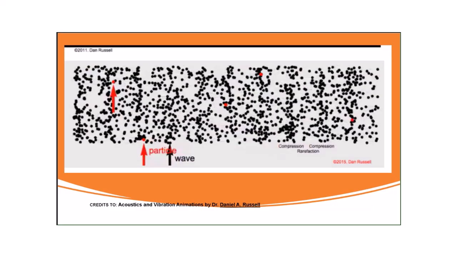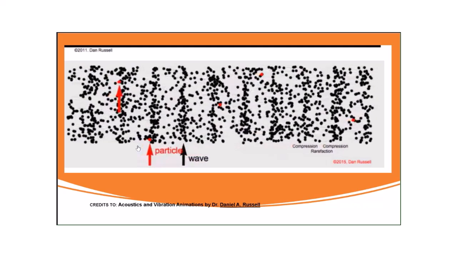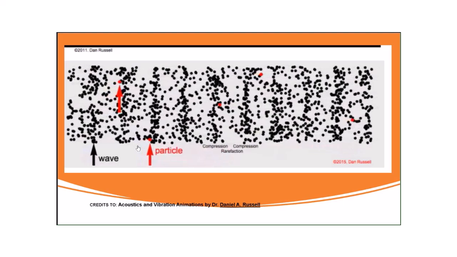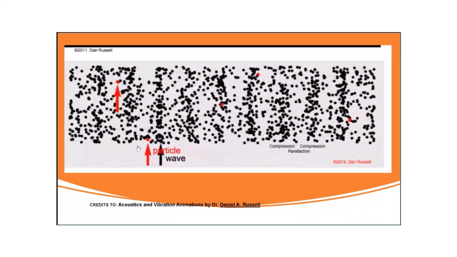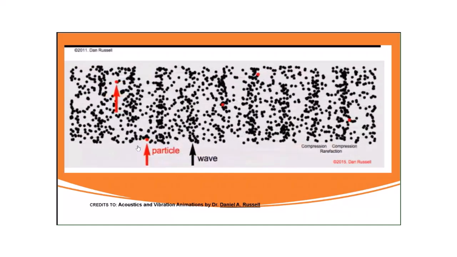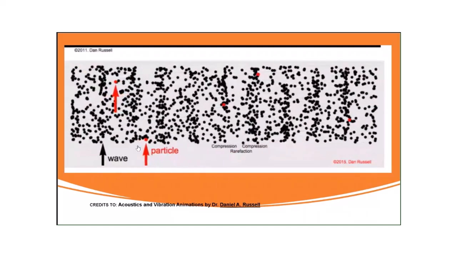This animation clearly shows that the particles do not move with the wave. They simply oscillate back and forth about their individual equilibrium position. This is the particle model of the longitudinal wave.